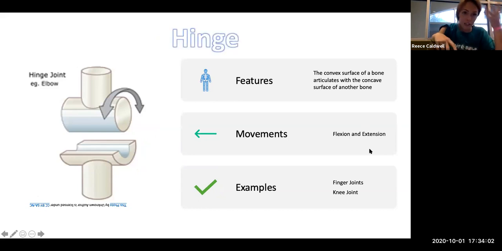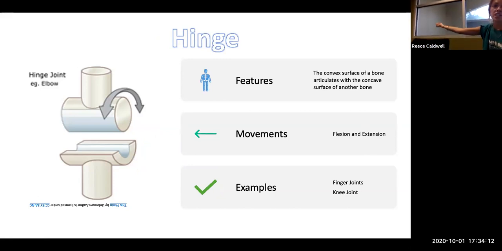Then we have our hinge joints, and these are joints that will provide for flexion and extension. If you remember, flexion is decreasing the angle of a joint, extension is returning it to 180 degrees. Then we have hyperextension, that would be if you could go further, like if you were double jointed. But flexion and extension, that is a hinge joint right here at our elbow.